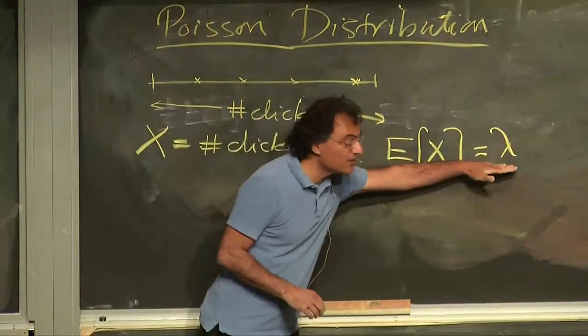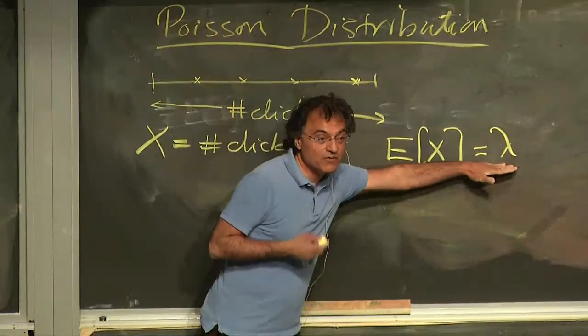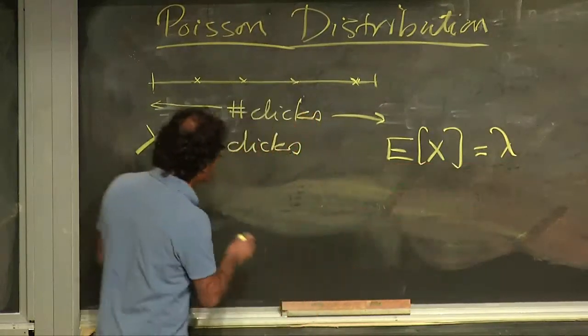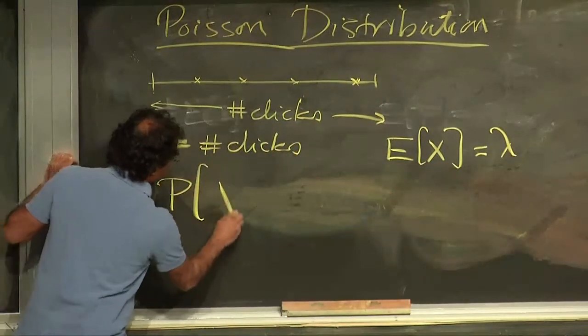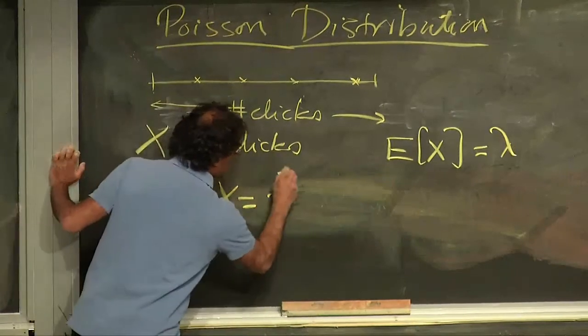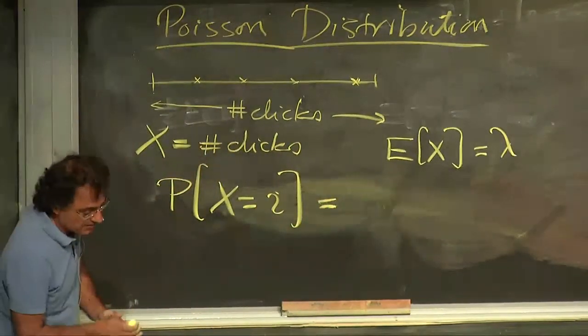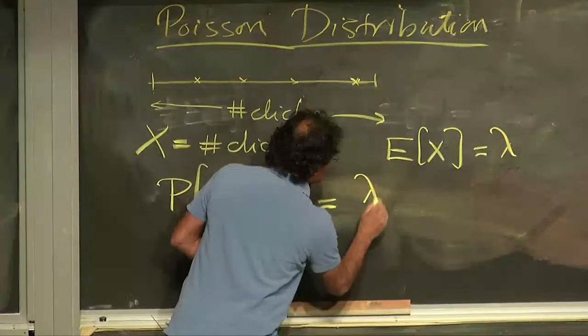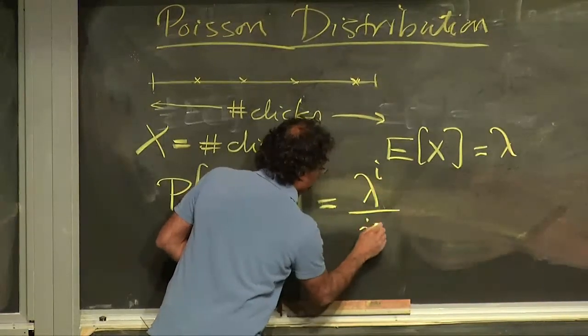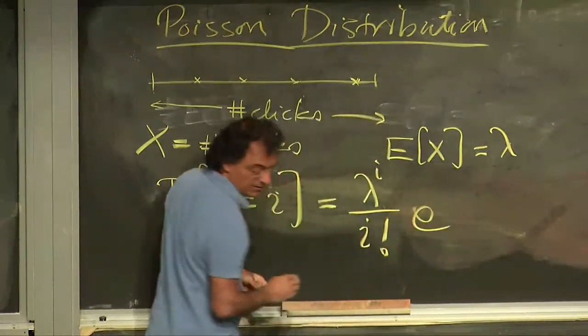If you know this average number, from this it follows that you know the entire probability distribution. And in fact, you can say the probability X equal to i is lambda to the i divided by i factorial, e to the minus lambda.